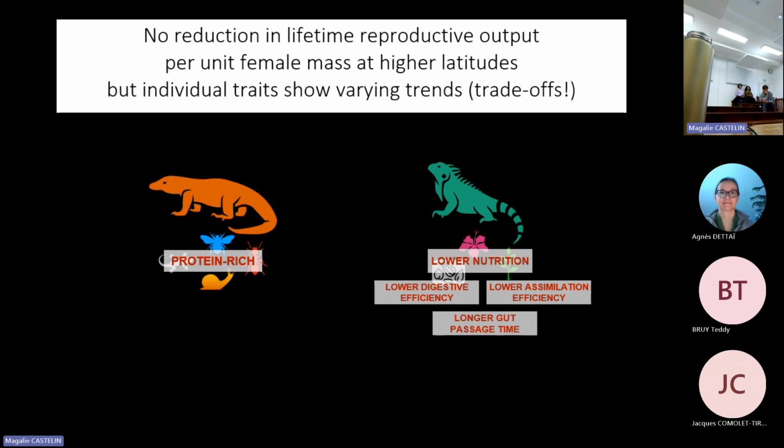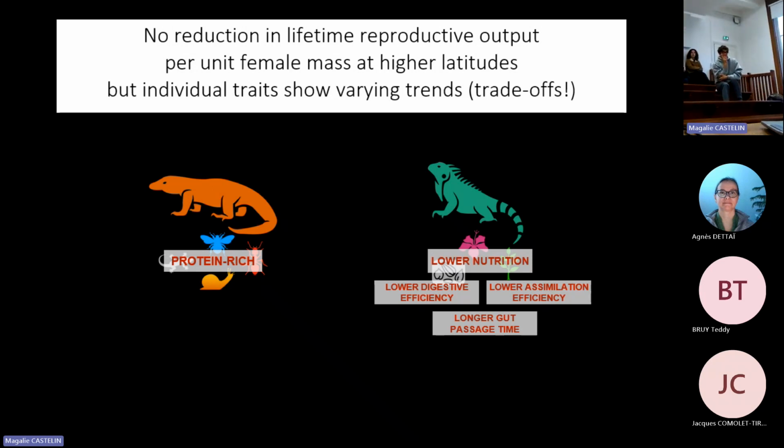The lack of a reduction in reproductive output per unit female is because some things were increasing, others were decreasing, and the net outcome is that everyone's okay. So you could eat different things, even like this, protein-rich diet versus low nutrition, low digestion efficiency, but the net outcomes are the same. So you can build the same body in different ways.